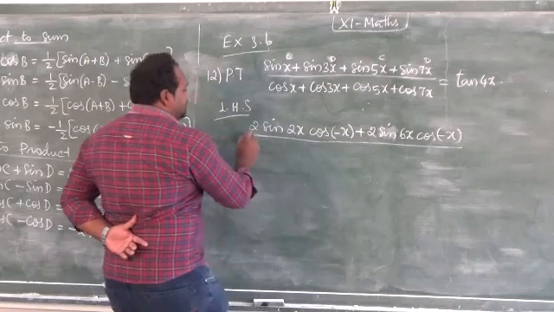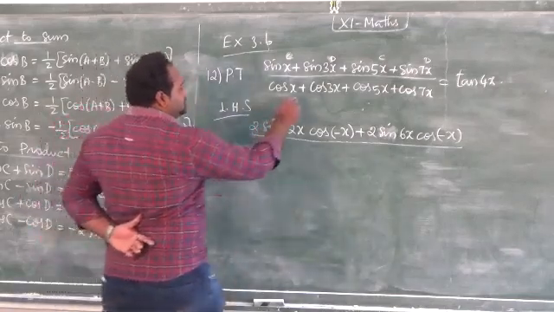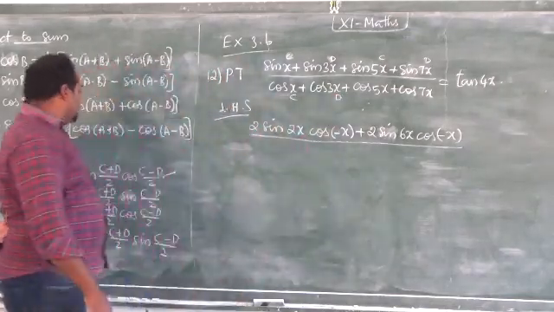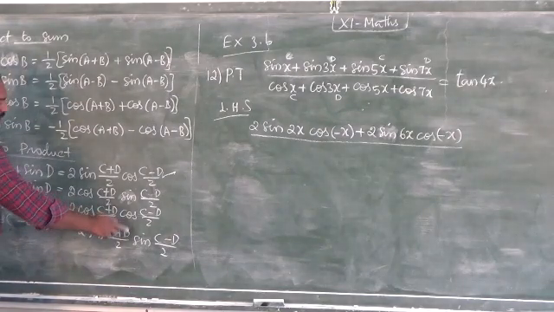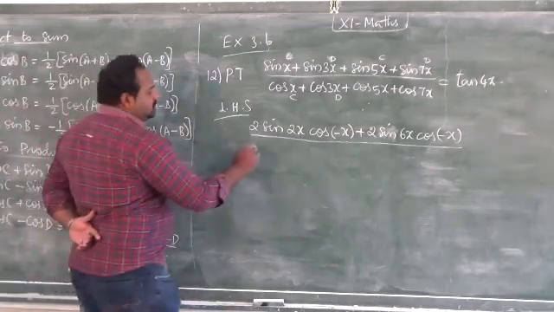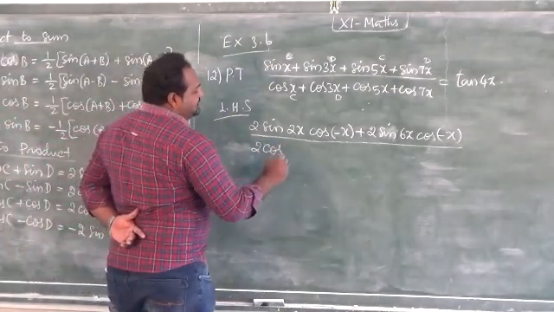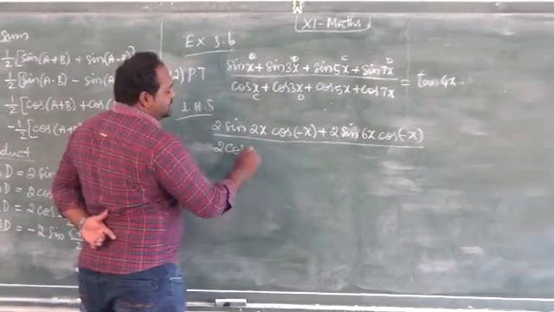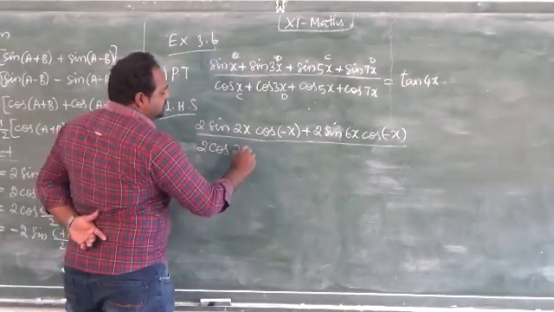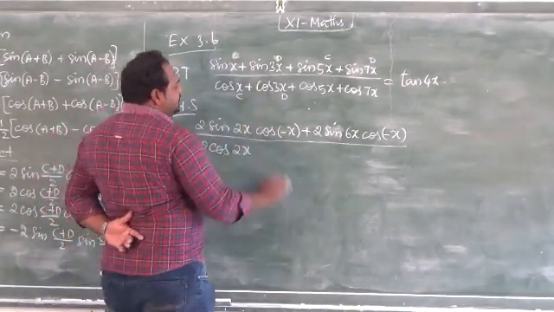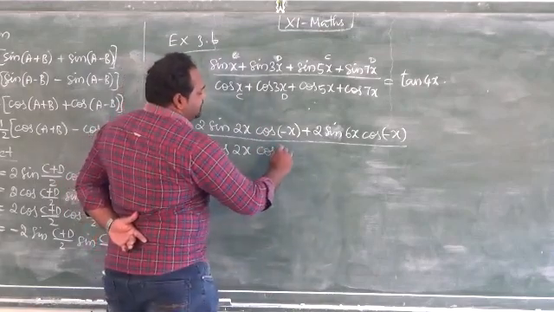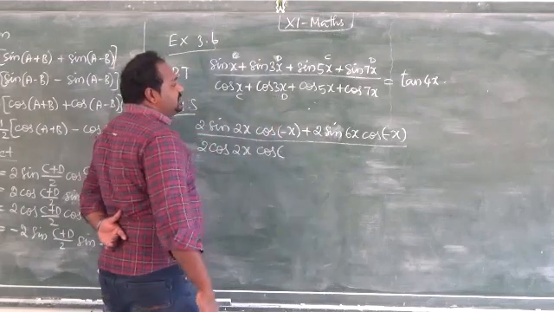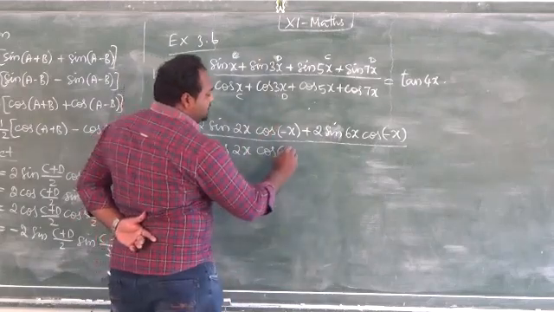This is the numerator, and for the denominator, here it is C, it is D. The cos C + cos D formula is 2 cos((C + D)/2) cos((C − D)/2). So 2 cos((x + 3x)/2), it's 2x, then cos((x − 3x)/2), minus 2x by 2 is minus x.